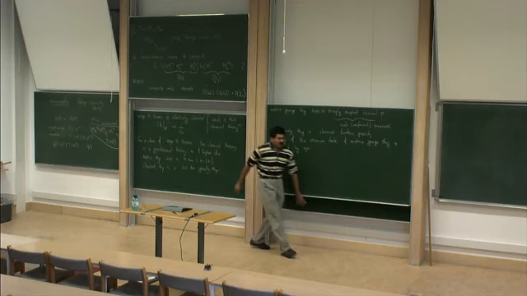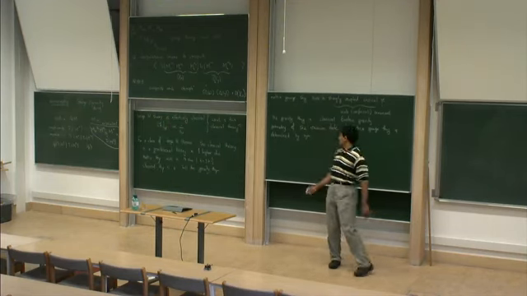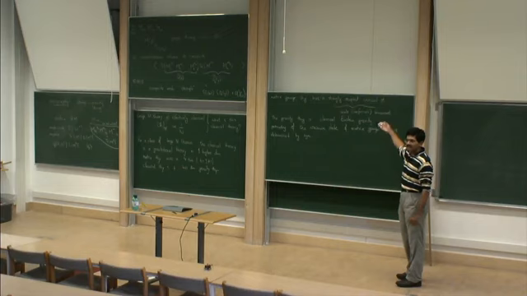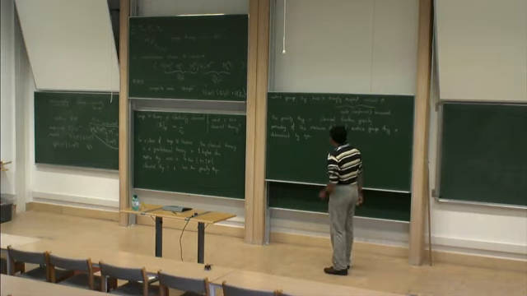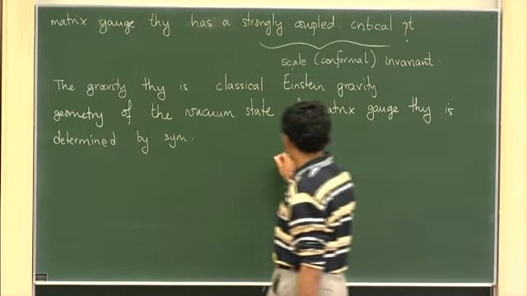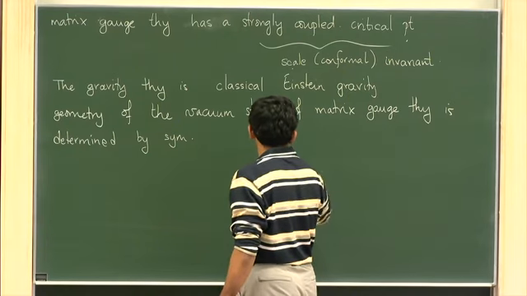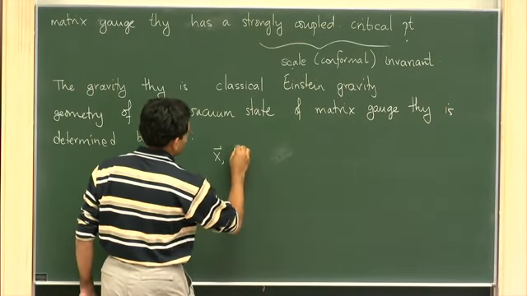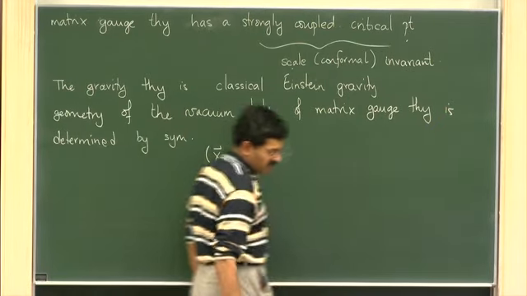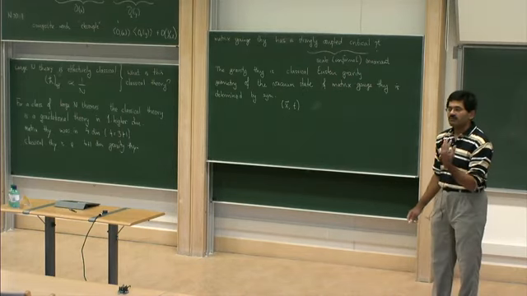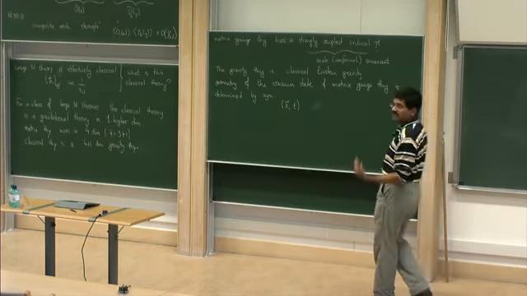So let me motivate how this can come about without knowing any details of what the matrix degrees of freedom were doing, what the microscopic structure was. The key point is the scale invariance. So let's say x are my coordinates, so I have 3 x's and 1 time, which are the four coordinates on which these matrices depend. But the vacuum state of this theory is scale invariant.